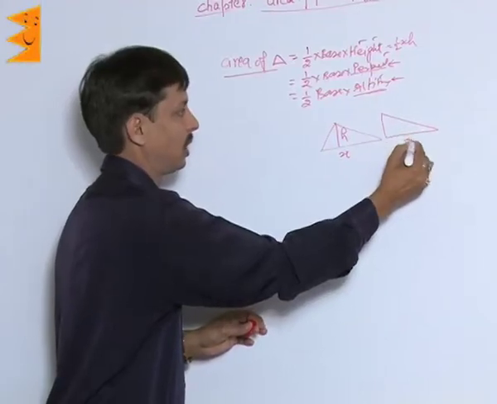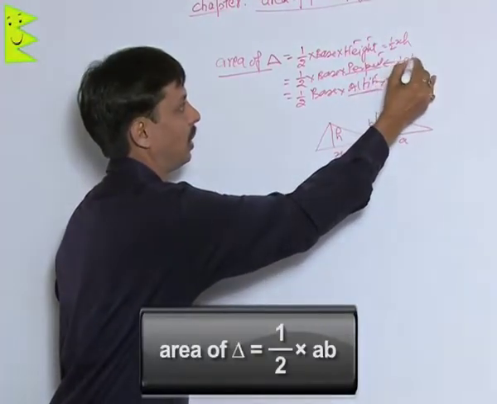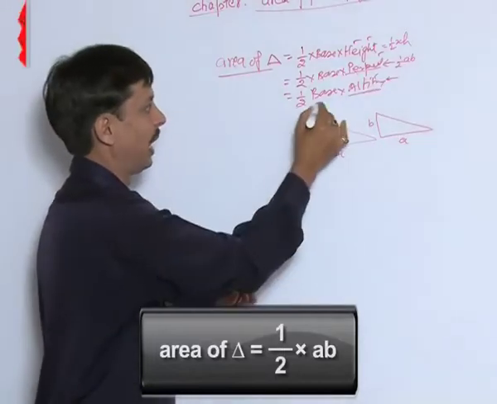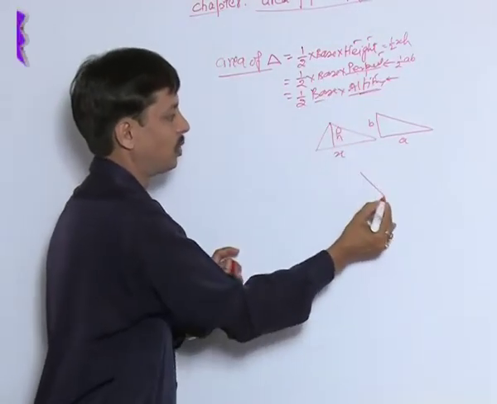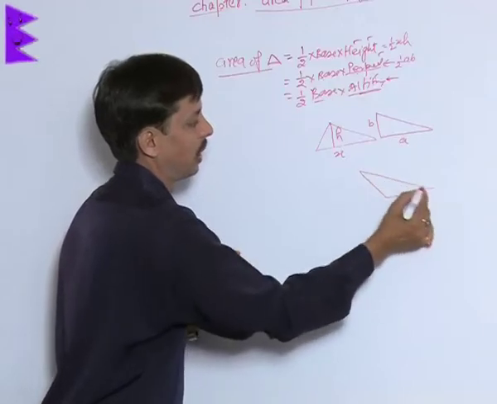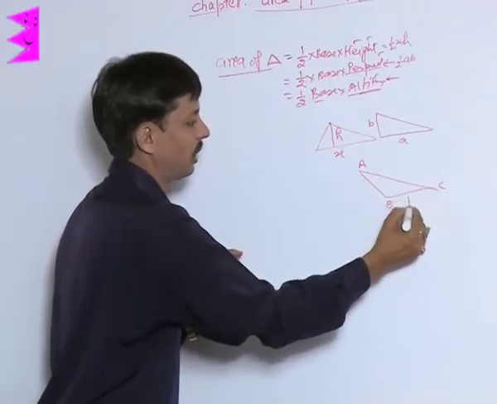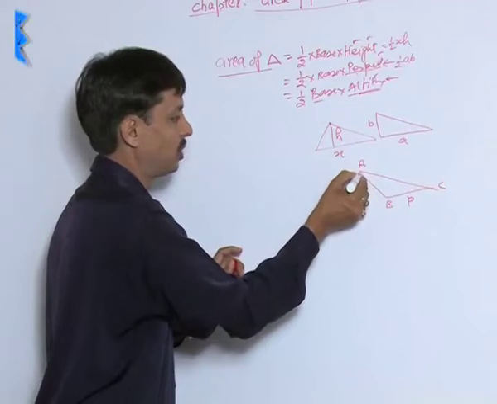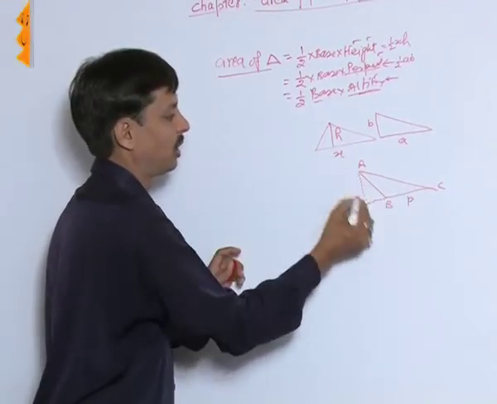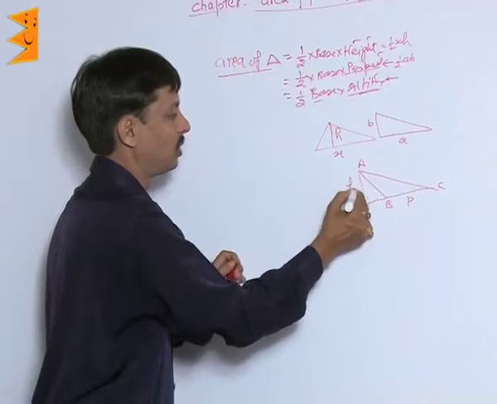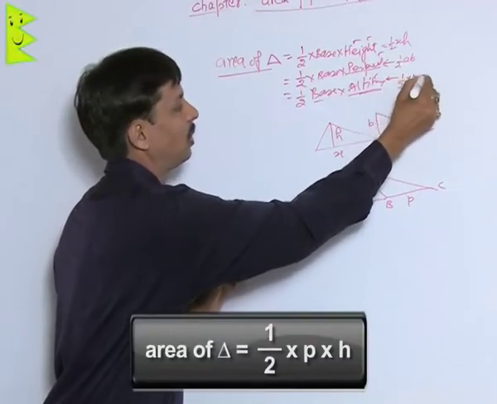Suppose base is A, perpendicular is B, area is half into A into B. And then base and altitude: suppose the triangle is obtuse angled ABC, this length is P, and this is the altitude which meets on extending CB. Suppose this value is H, then area is half into P into H.